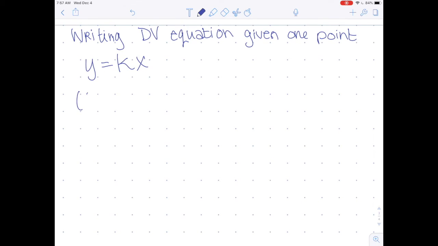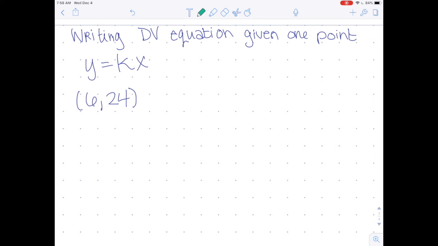So remember, the direct variation equation is y equals our constant of variation times x. So if you're given the point (6, 24), we don't know the constant of variation. We need to solve for the constant of variation.